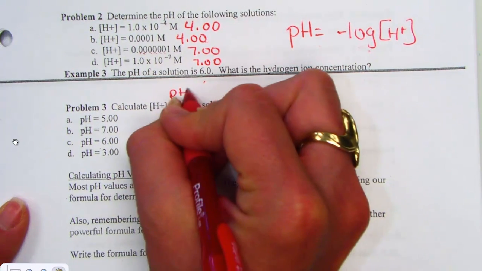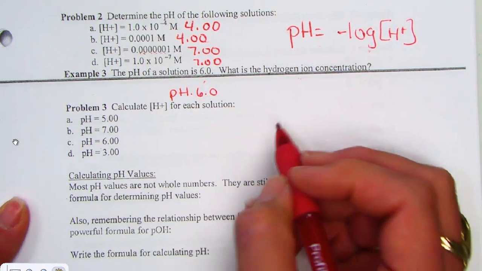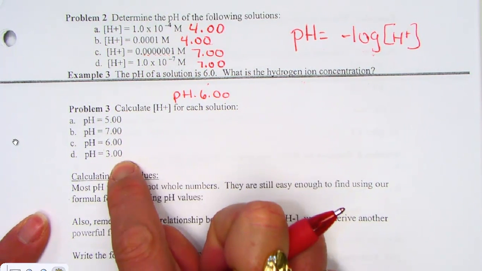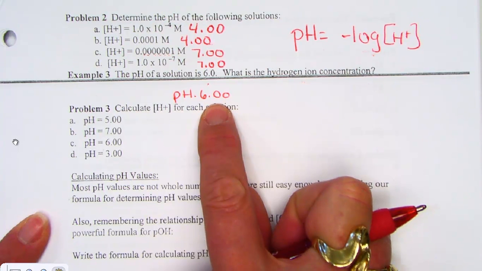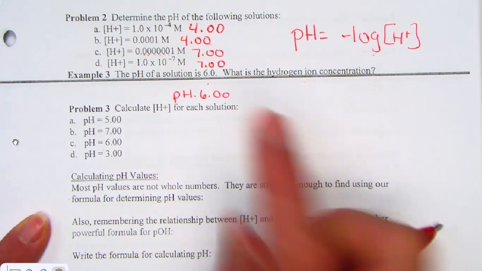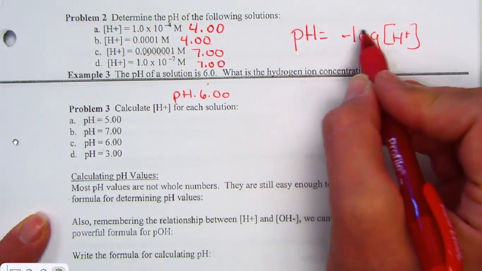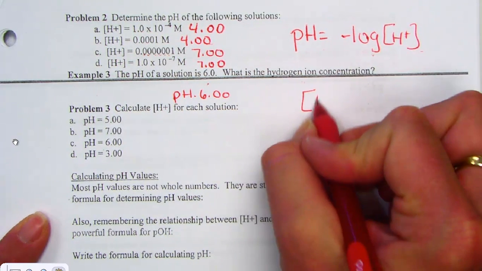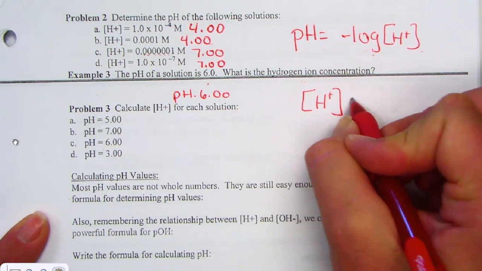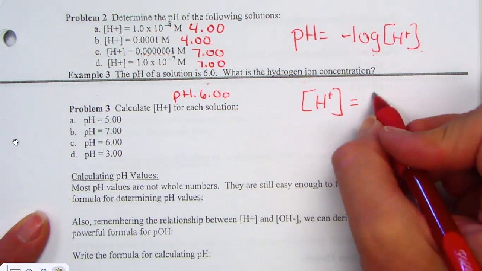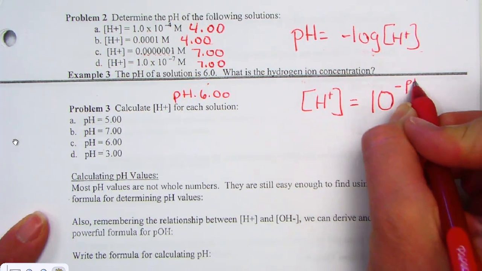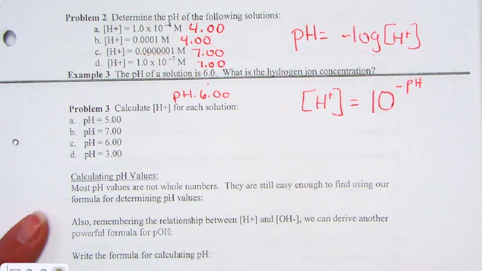If our pH is given to us as 6.0, 6.00 would be a better way to type that, 2 decimal places, that becomes the power on the times 10 to the. So in other words, if I were to rearrange the same equation, the hydrogen ion is found by calculating base power of 10 raised to the negative pH.